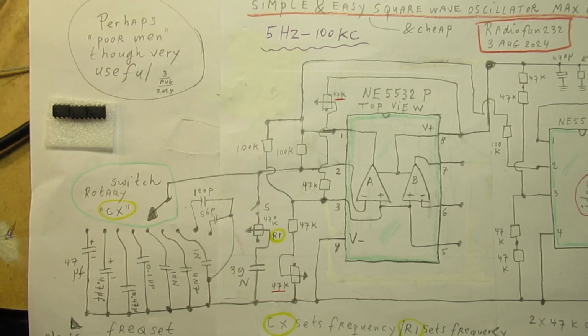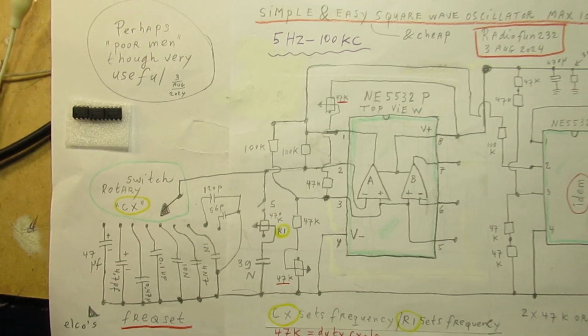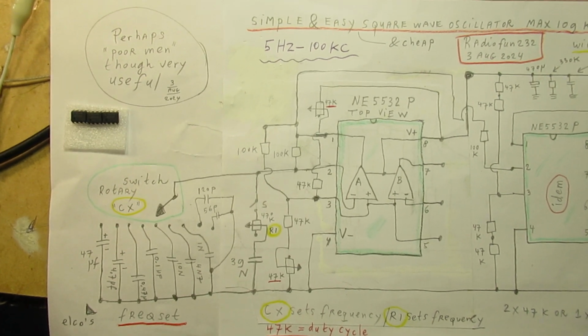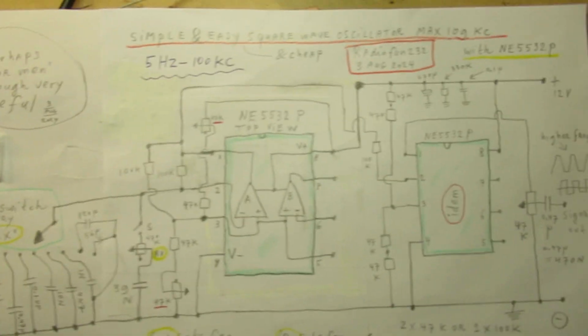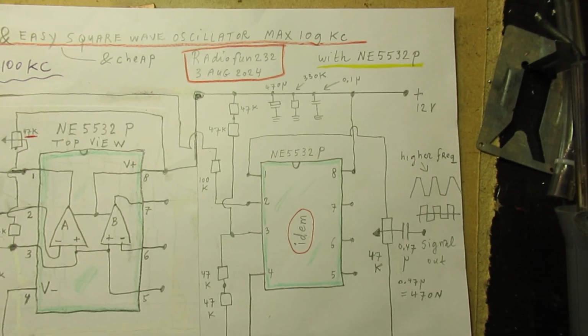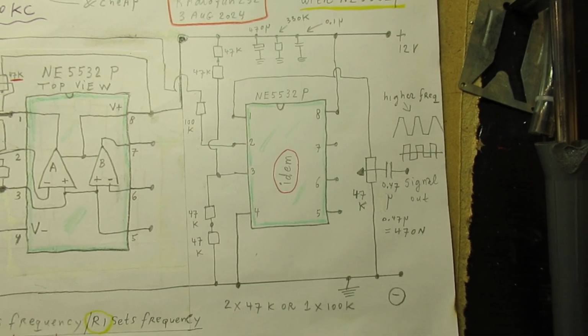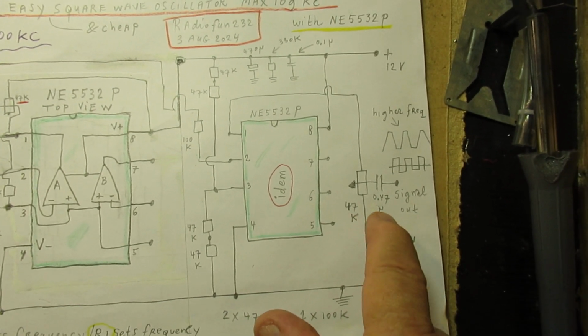So I made a first oscillator circuit here, and this is exactly the same chip, drawn as the top view, and this is the output.